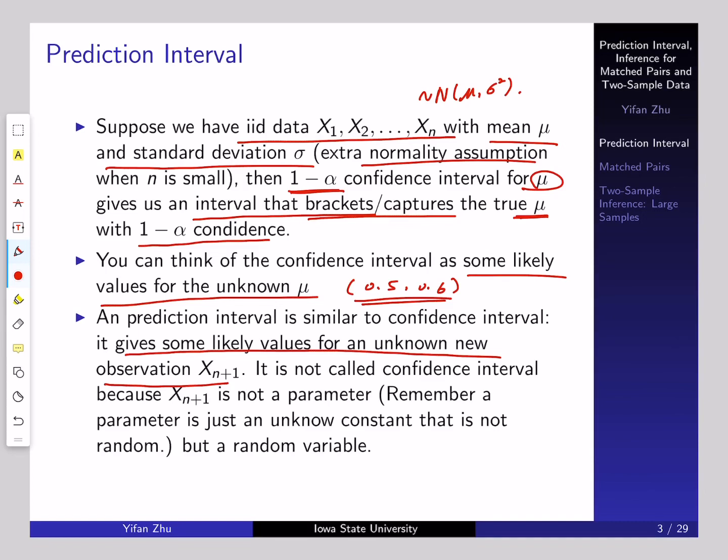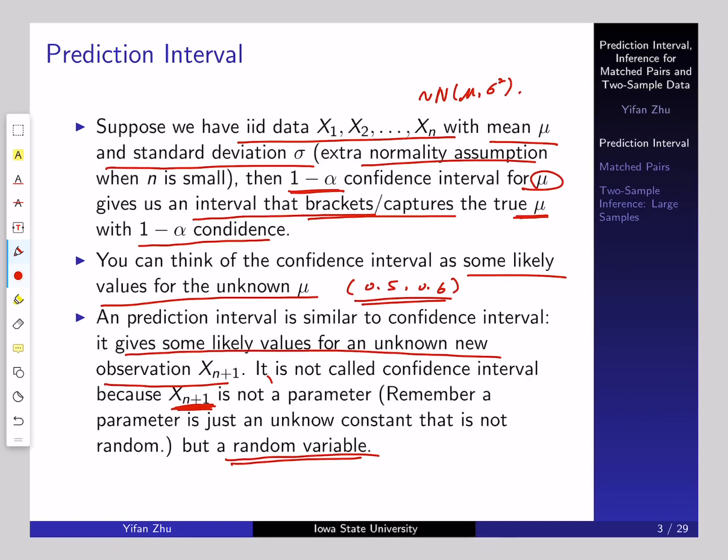So we use xn plus 1 to denote this new observation. It is unknown. We have not yet collected it. There is a prediction interval for this unknown new observation. But it is not called a confidence interval because xn plus 1 itself is not a parameter. It is actually a random variable because it's a new observation.